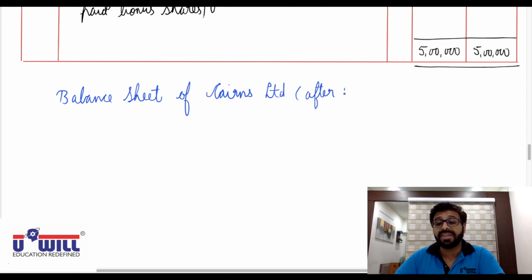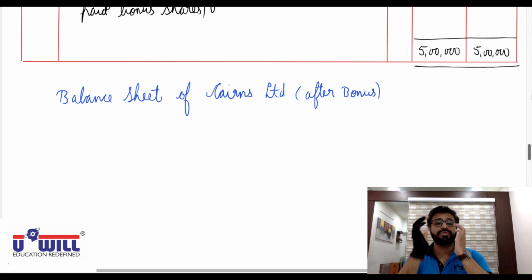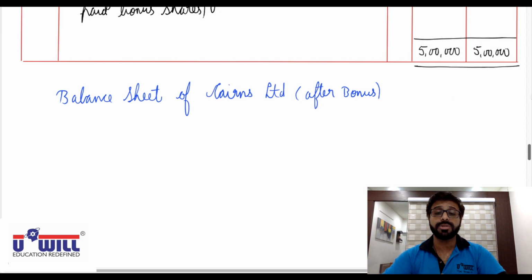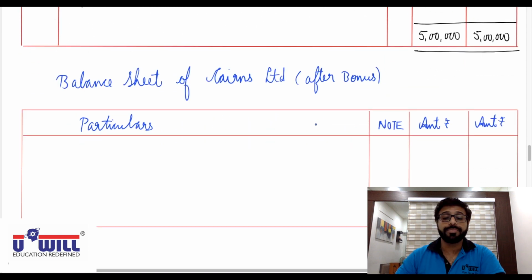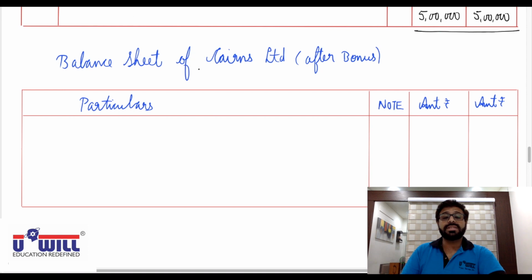After the bonus effect, how the balance sheet would appear. So columns of balance sheet, you all must remember in 12th standard also you have done in company final accounts. Particulars, note, amount. Make 4 columns: particulars, note, amount and amount. Now make this format, pause the video, make this format, and then you can play the video.